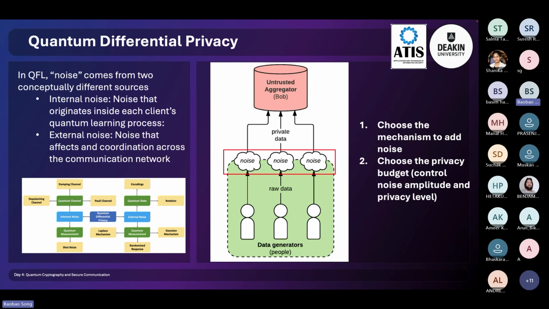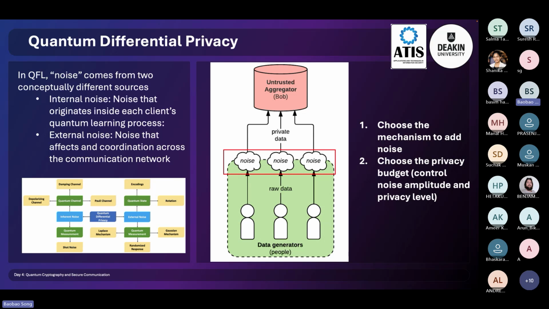And if we think the noise is not enough, meaning I want a higher level of privacy, we can also add some external noise, such as Gauss distribution or Laplace distribution.